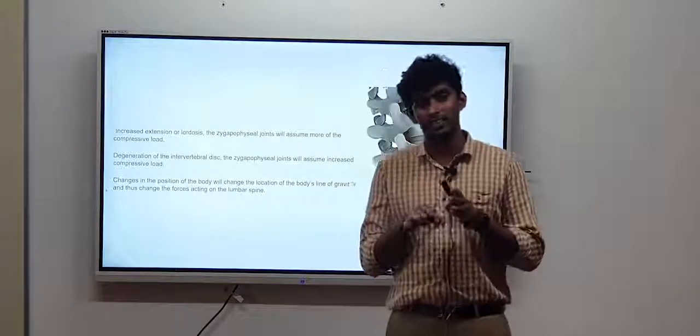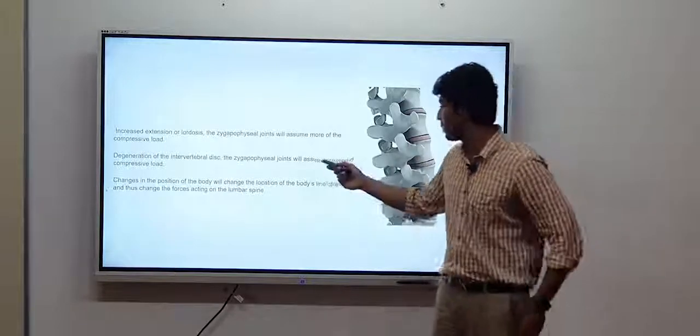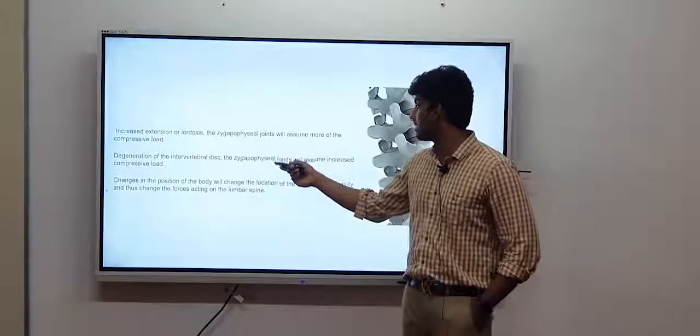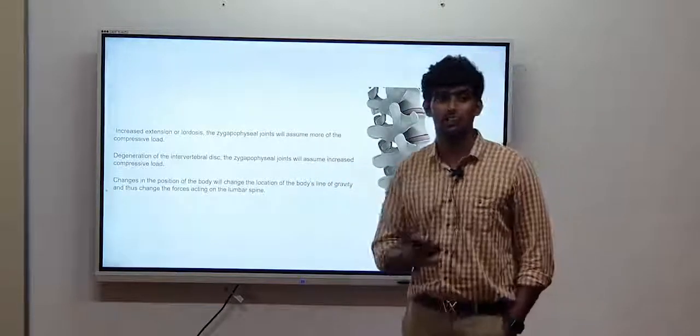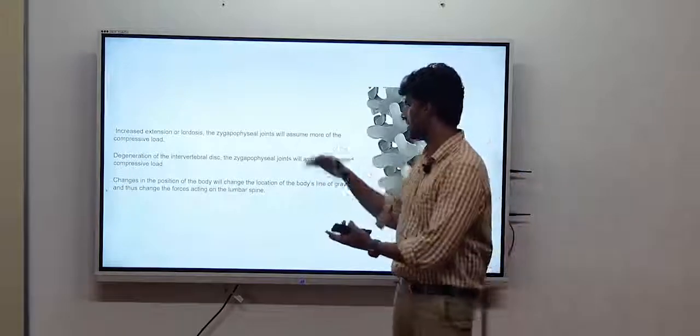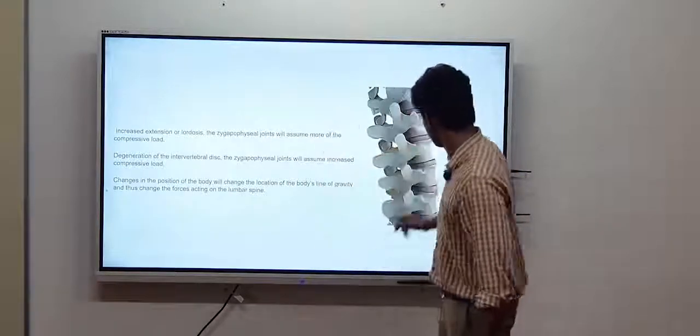Which means if the extension is painful, most of the time flexion will be relieving, which means the compressive load is occurring over the zygapophyseal joint when the patient tries to extend. So most of the time in the intervertebral disc, the compressive load will be more. Can you see here?